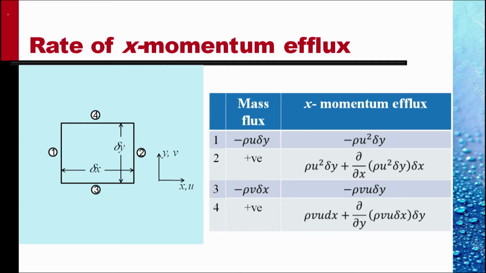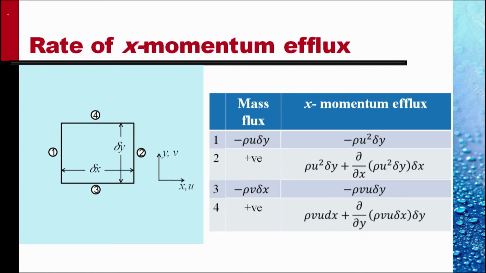We have used a minus sign because this is an influx. We use a positive sign for efflux and a negative sign for influx. So the x momentum crossing this surface per unit time, that is the x momentum efflux, is minus rho u delta y into u, or minus rho u square delta y.